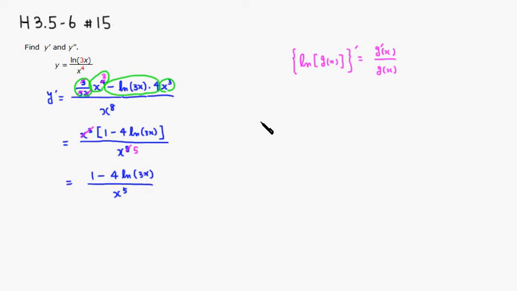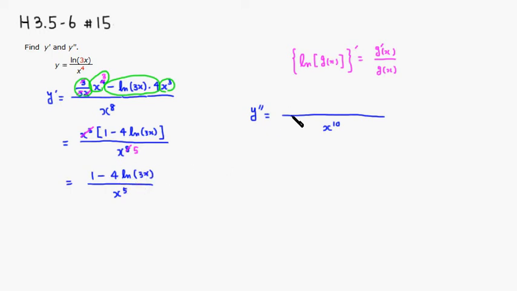So y double prime is going to be equal to, square the denominator, so it's going to be x to the 10th power. And the derivative of the top: the derivative of 1 is 0, so I'm not going to write anything down.